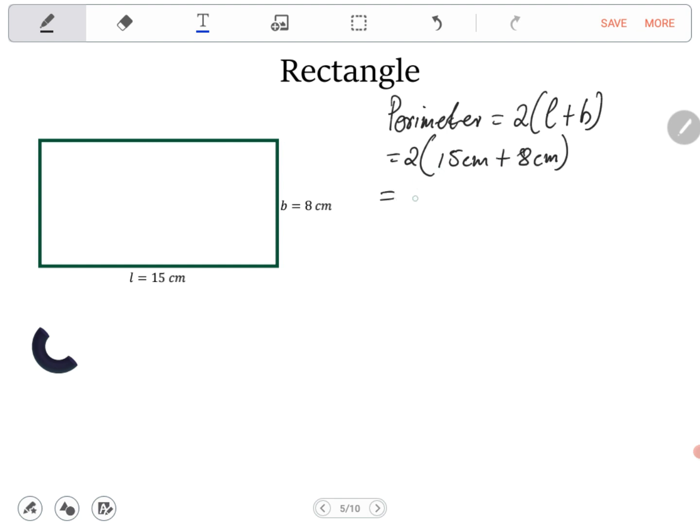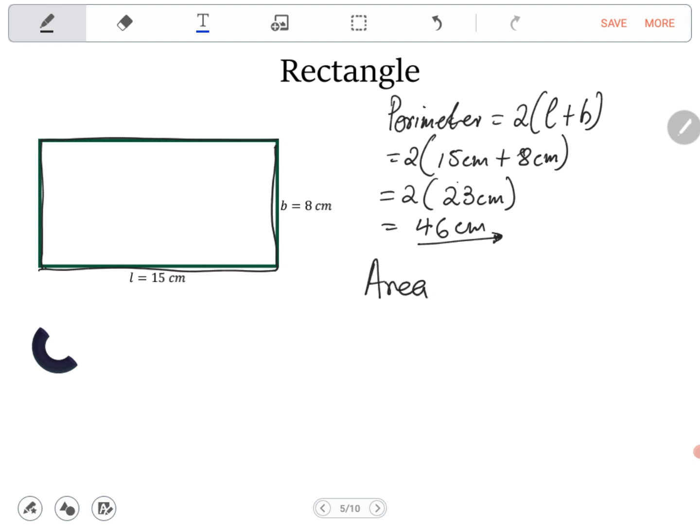So this will be 2 into 15 plus 8, which gives us 23, and finally 2 times 23, which is 46 centimeters. So this is what perimeter is. Checking: 15 plus 8 gives us 23, plus another 15, plus another 8, which gives us a total of 46 centimeters.